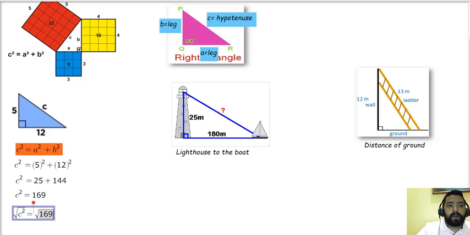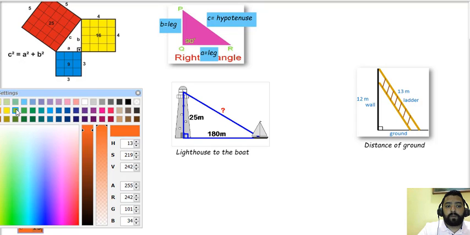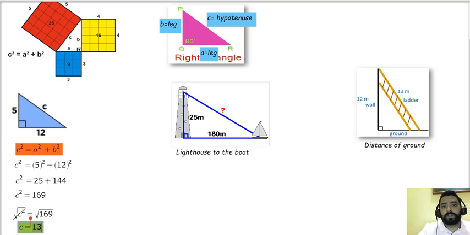Now remember, the inverse operation of squaring is the square root, so you can eliminate this one and we're going to have only c equals the square root of 169, which is positive 13. You're going to know that we have two solutions when we work with a square root, positive and negative. In this case, we are going to take only the positive solution. So the value for the hypotenuse in this triangle is c equals 13.